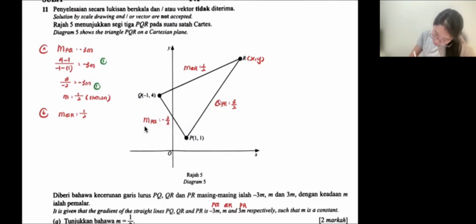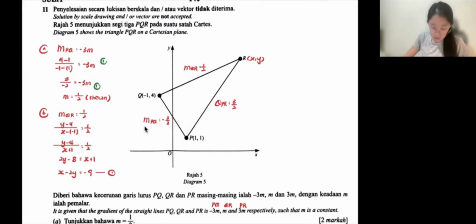So Y minus 4 over X minus negative 1 equals to 1 over 2. This gives you your first equation. Cross multiply, 2y minus 8, x plus 1. So you will get x minus 2y equals to negative 9. First equation. Or you can write x equals to 2y minus 9.